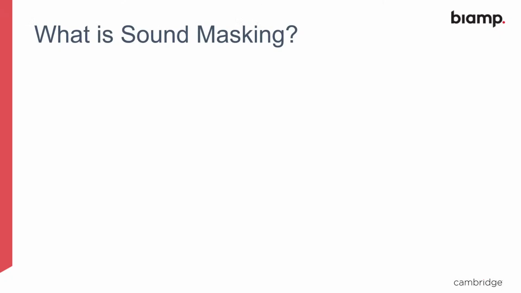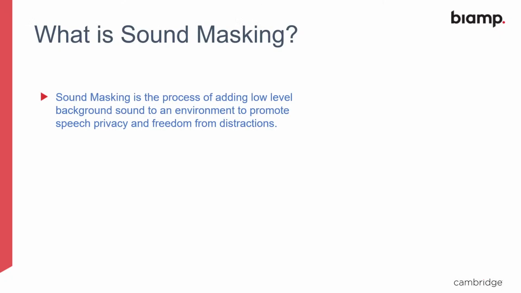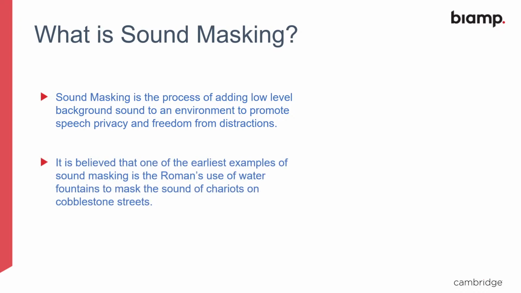But what is sound masking? Quite simple. It is a process of adding a low-level background sound that will hide other prominent sounds or speech in an environment. Right? Okay. And we'll talk a little bit about more of the details of that as we go through.